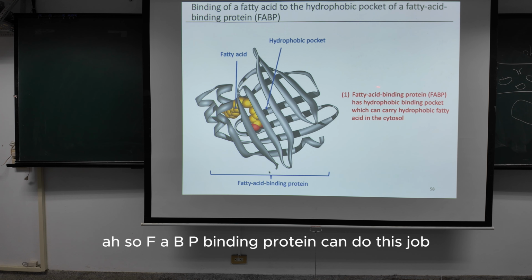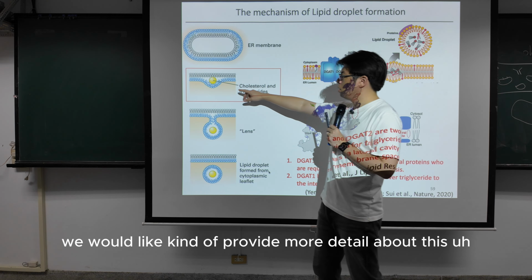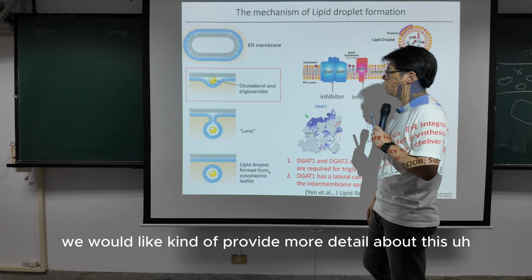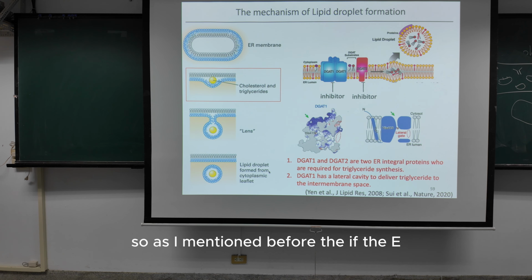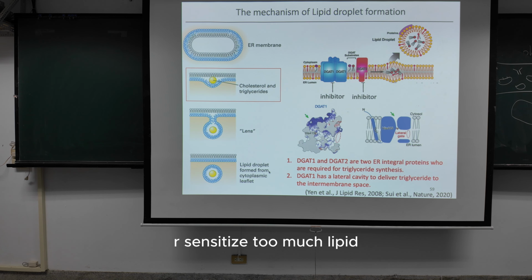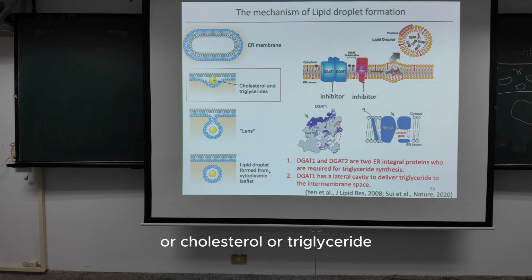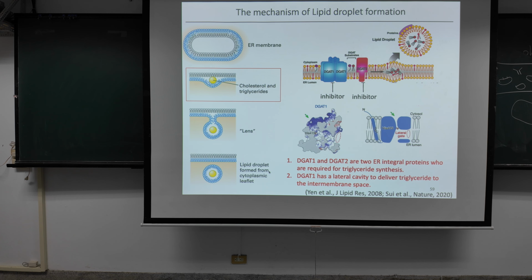And next, we will provide more detail about lipid droplet formation. So as I mentioned before, if the ER synthesizes too much lipid, cholesterol or triglyceride, it will accumulate lipids in the intermembrane space. Why will they accumulate lipid there?